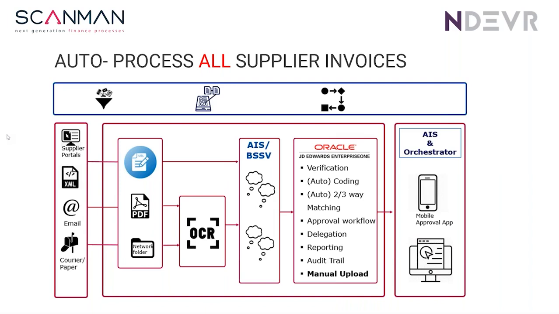We see a lot of PDF invoices coming in as an attachment via email, and the system is capable of constantly monitoring designated email boxes. Once an invoice comes in, it will automatically be picked up by the system and go through the OCR engine, the optical character recognition, for the necessary recognition of the invoice data.